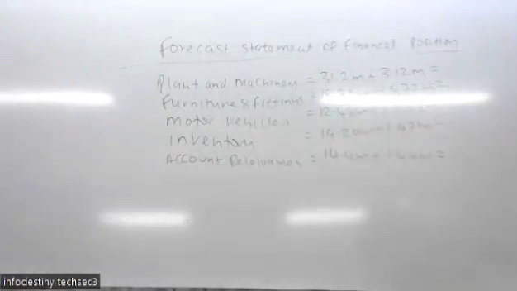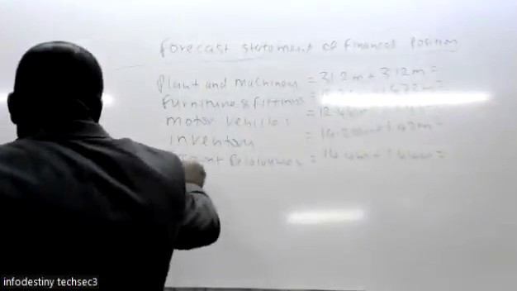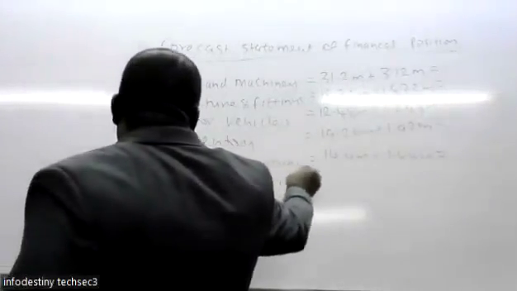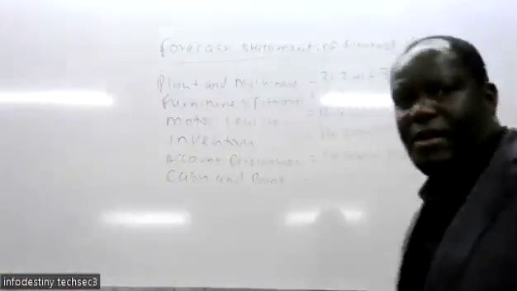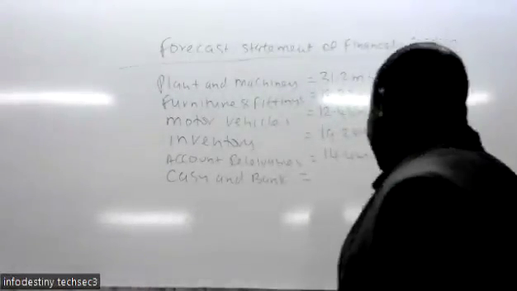Get the value for that. The next one is cash and bank. For cash and bank, we have 3.6.